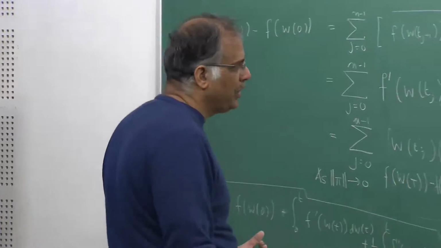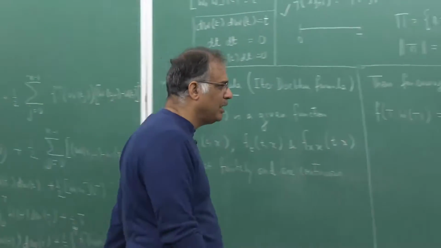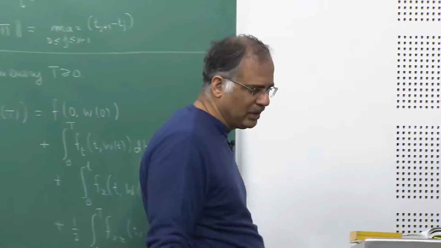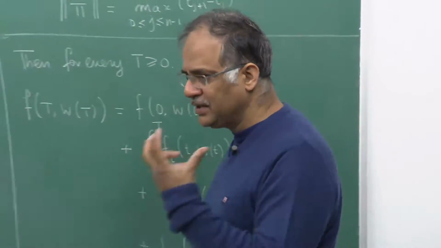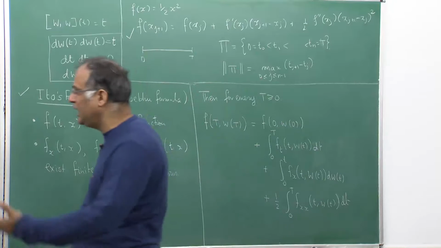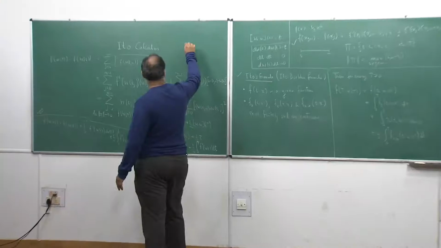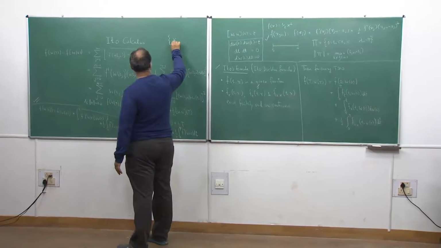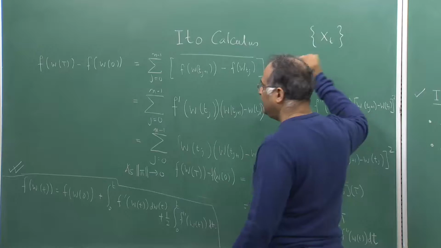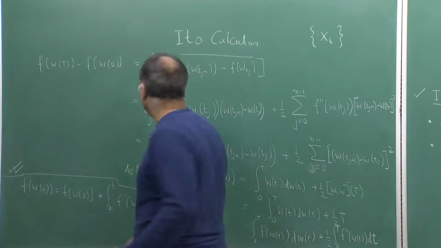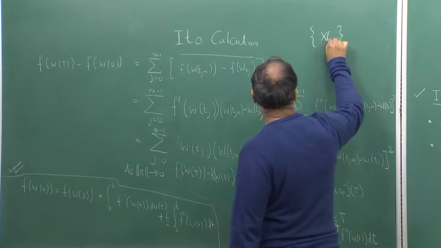So, here we end this class by describing what an Ito process is. An Ito process is a stochastic process X_t, a random variable X, and then this X of t.